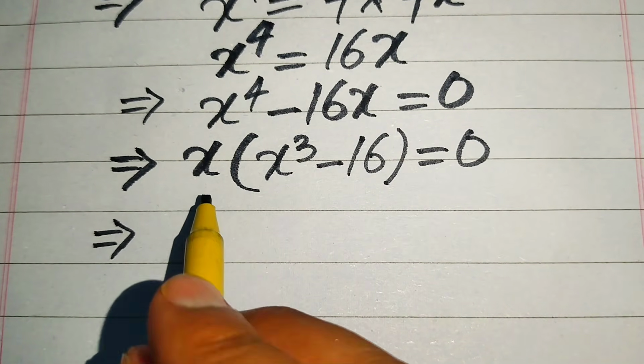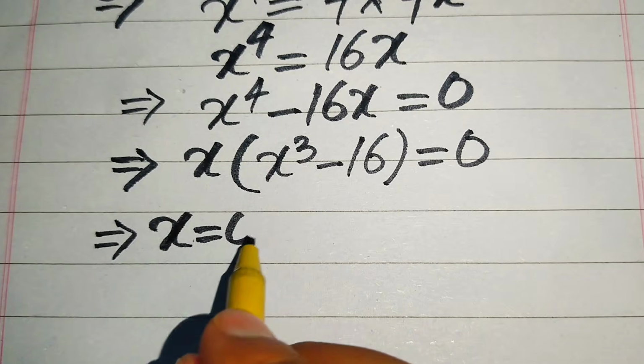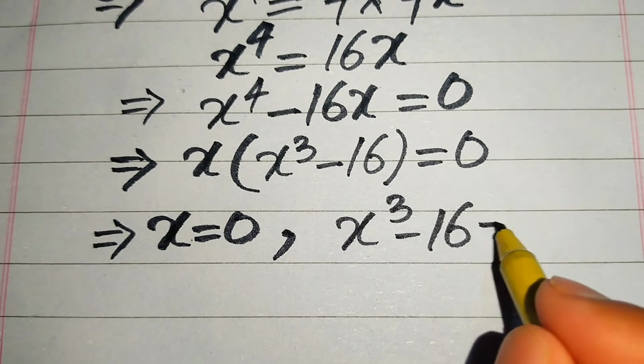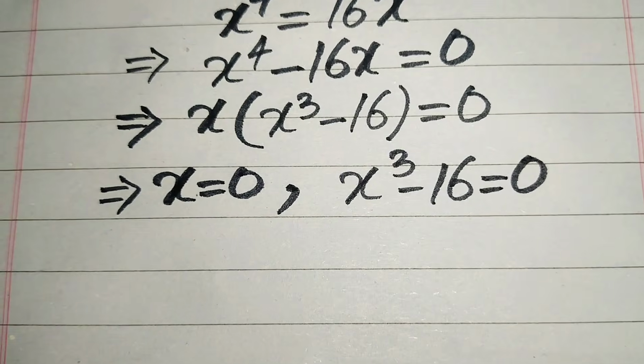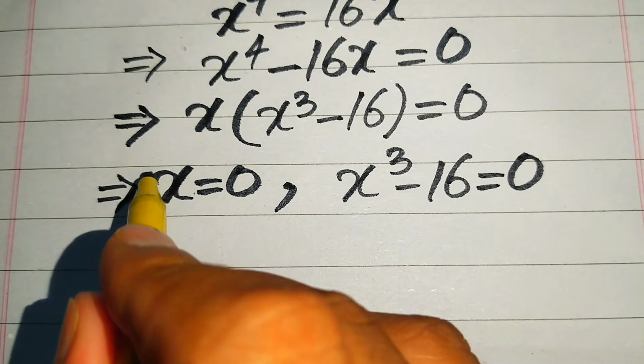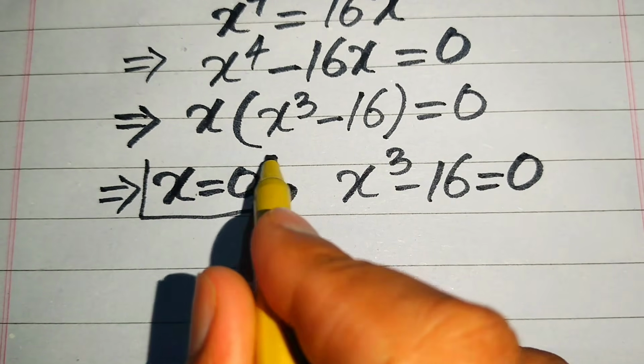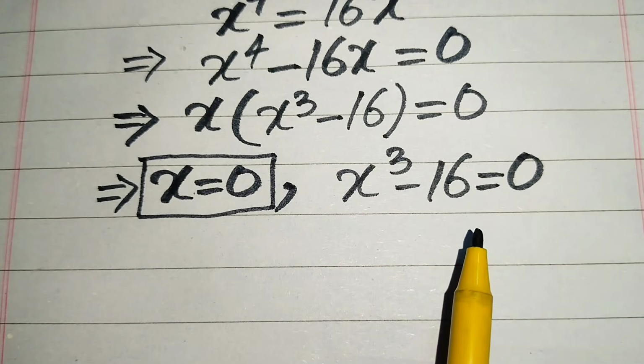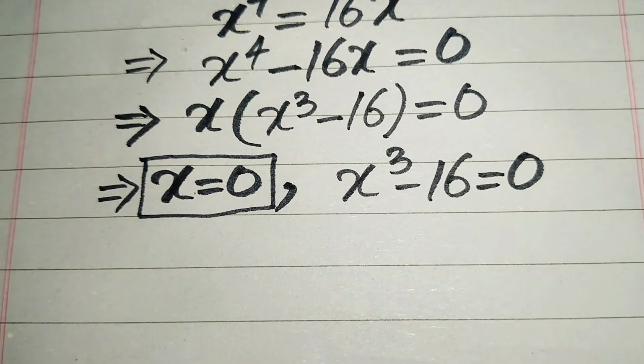The first case is x is equal to 0, and the second case is x cubed minus 16 is equal to 0. From here you see that this is the first real root of the given equation. In order to find the other roots, we need to solve the remaining equation.